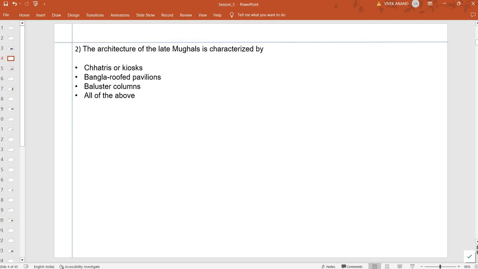So Bangla roof pavilions, can anyone explain what that is? Is this a Bangla roof? Please, anyone? Yes, sir.